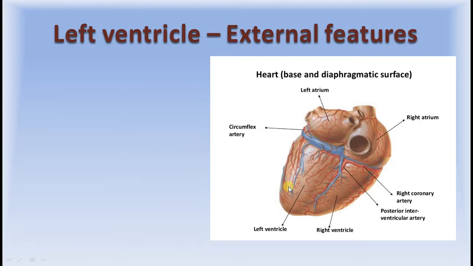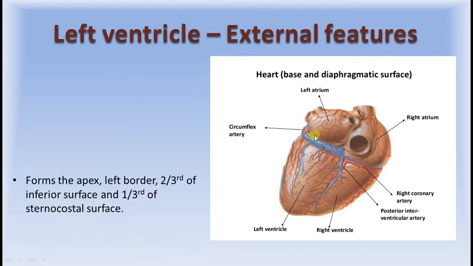Now we will move on to the left ventricle. The left ventricle mainly contributes to two-thirds of the diaphragmatic or inferior surface. It also contributes to one-third of the sternocostal surface, then the left lateral surface and the left border of the heart.